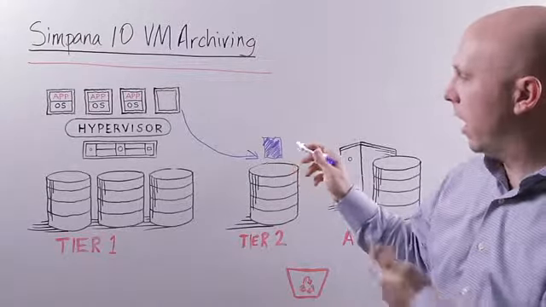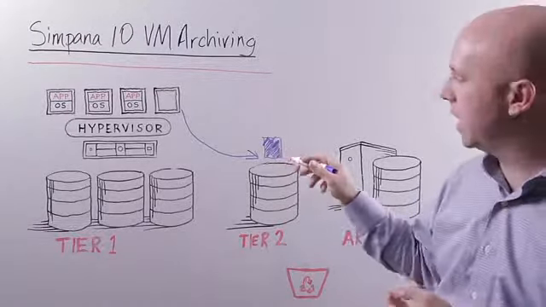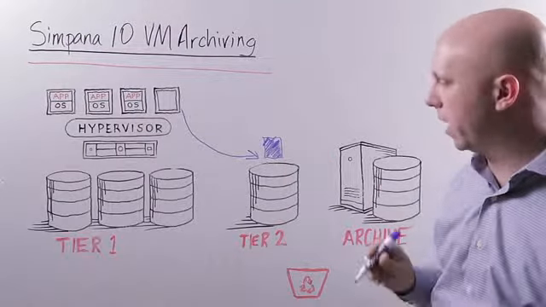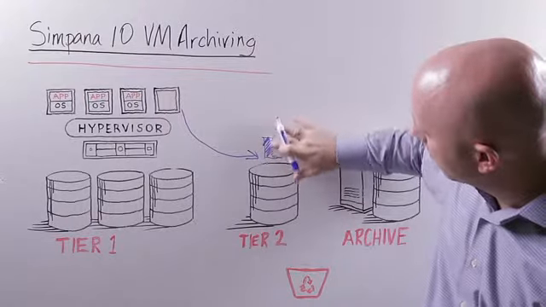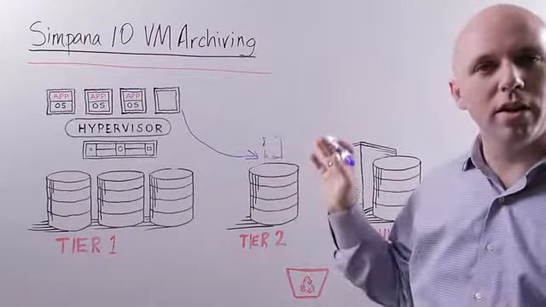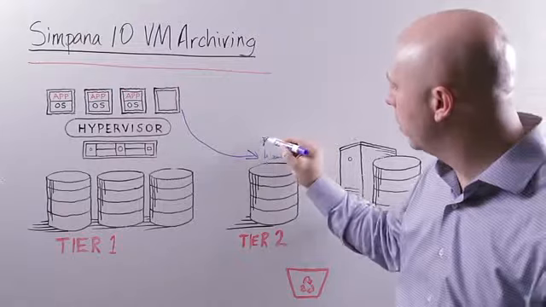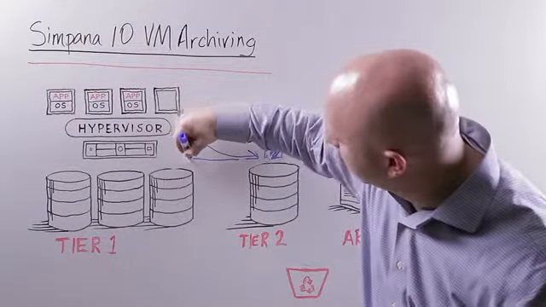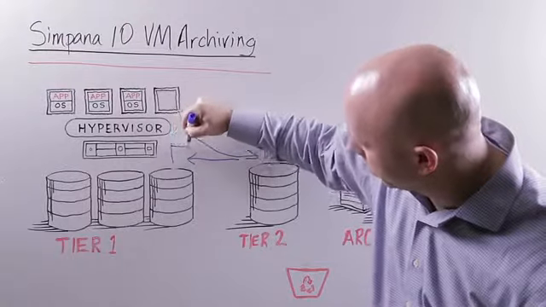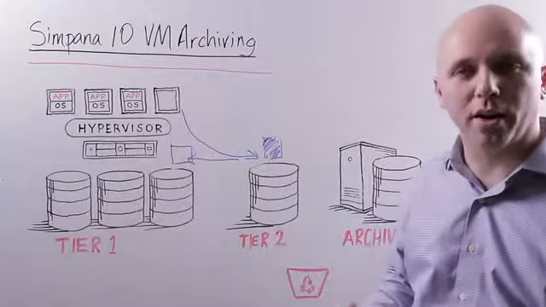Then, still, I have the flexibility if somebody comes and says, "I need this virtual machine turned back on," you can either power it right back up here, have it up and running in no time, or I can migrate it back to Tier 1 storage and power it up there.